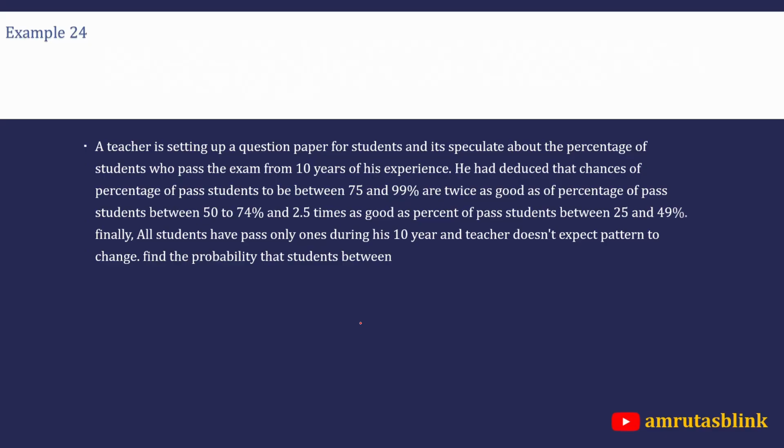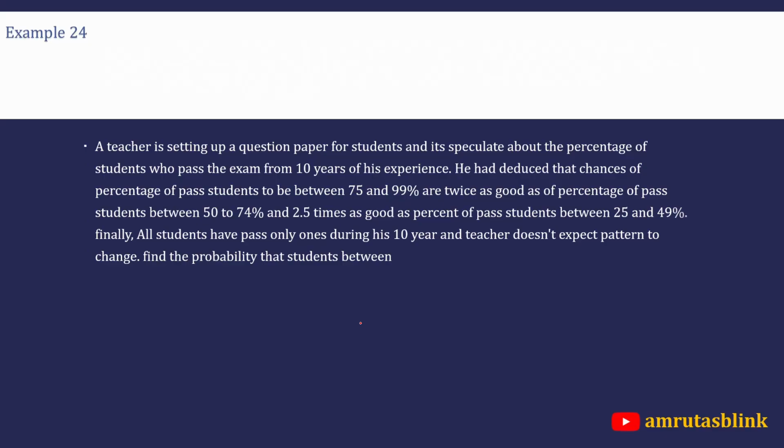He had deduced that the chances of the percentage of pass students being between 75 and 99% are twice as good as the percentage of pass students between 50 to 74%, and 2.5 times as good as the percentage of pass students between 25 and 49%.